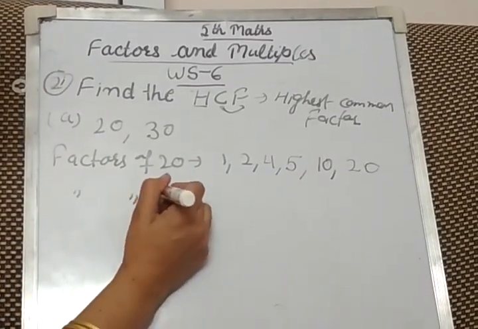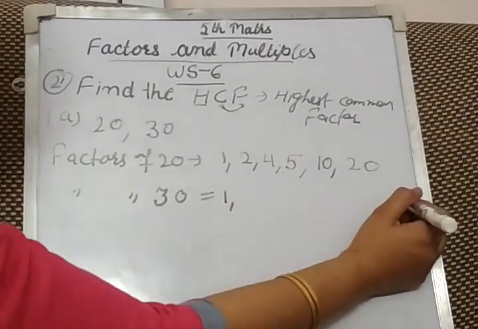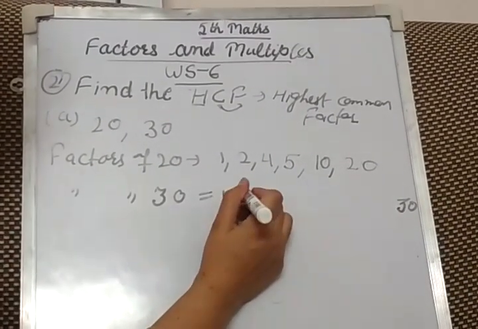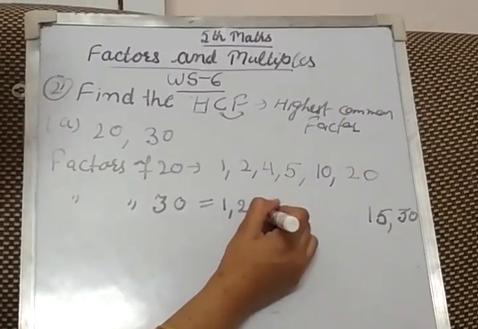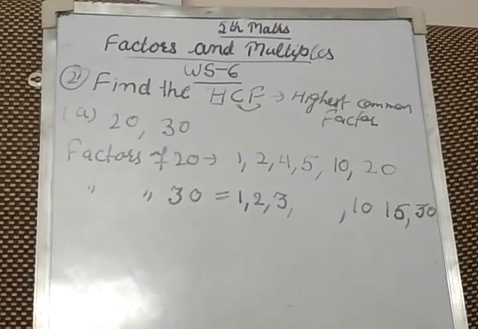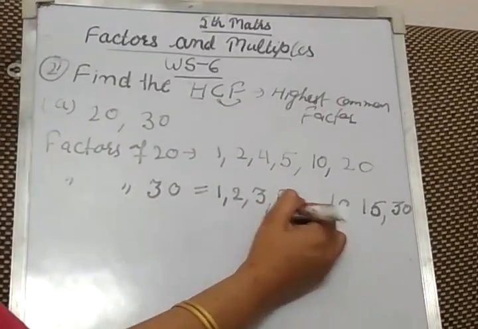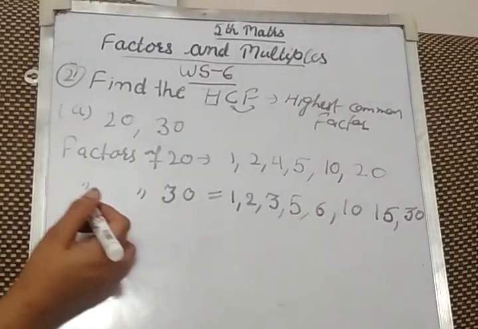Now factors of 30: on the table of 1 with 30, on the table of 2 with 15, on 3 with 10, on 4 it does not come, on 5 with 6, and on 6 with 5. These are the factors.